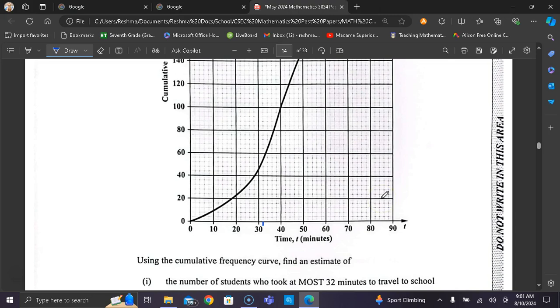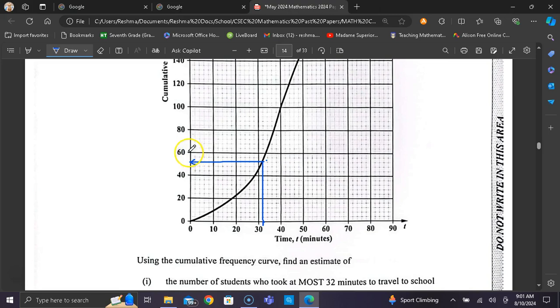So if I draw a line straight up to meet the curve, and then I go across, this value would be the number of students who would have taken 32 minutes and less to travel to school. In other words, at most 32 minutes.